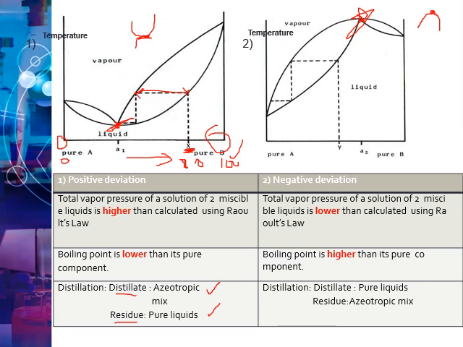So this is the region where there is equilibrium between vapor and liquid. This is the liquid region down here, and this is the vapor region all here. So this is the equilibrium between vapor and liquid. Now when it reaches this region, it's going to bounce down.